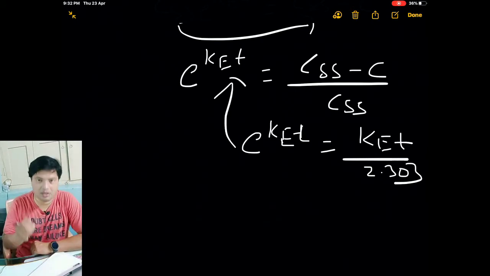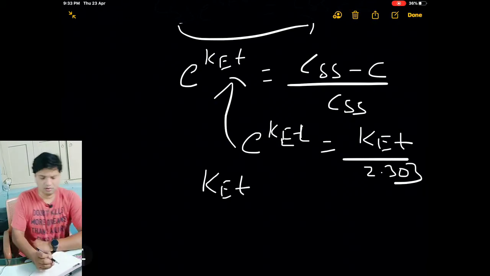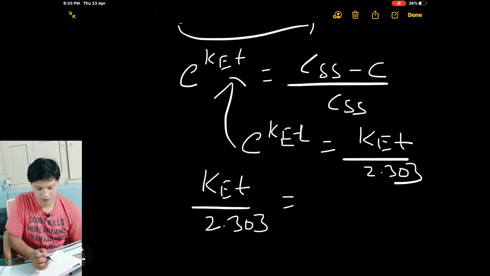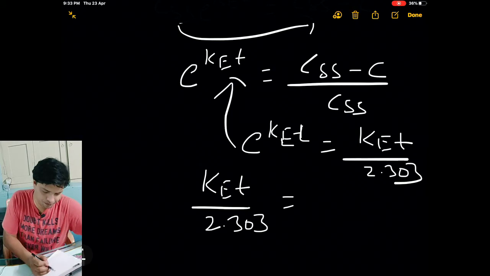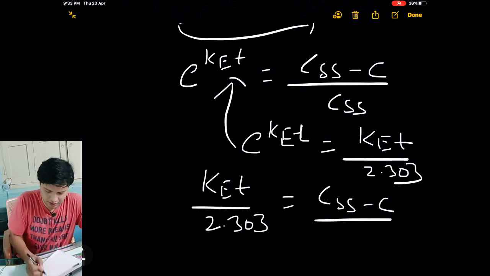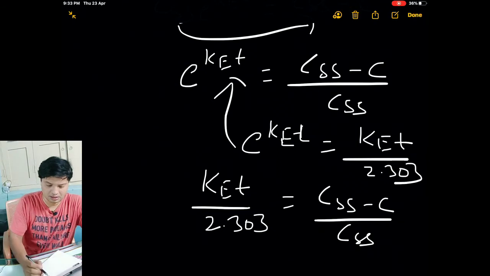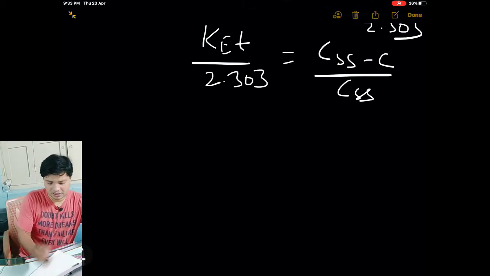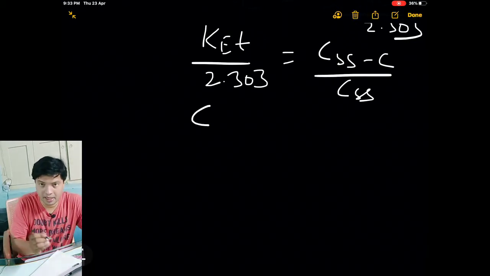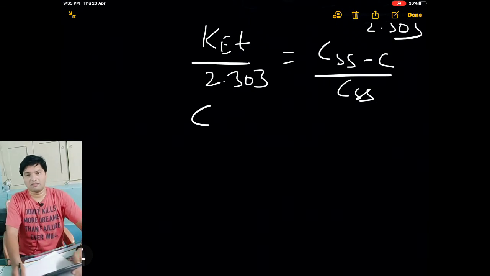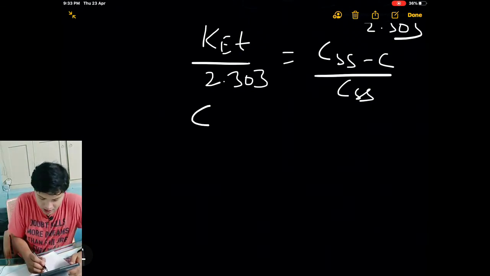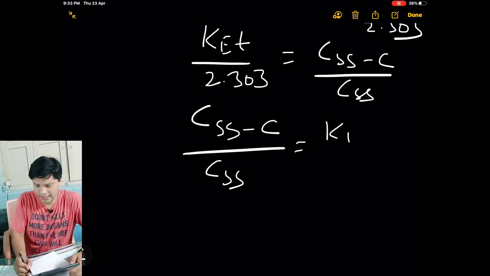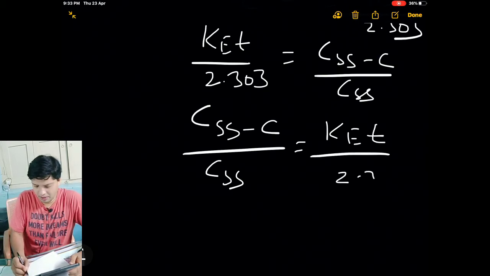What will you get? Ke T by 2.303 is equal to CSS minus C by CSS. I'll just rewrite this equation. CSS minus C by steady state concentration is equal to Ke T by 2.303.